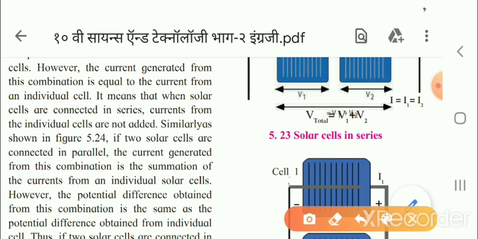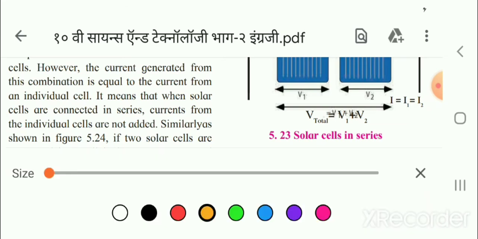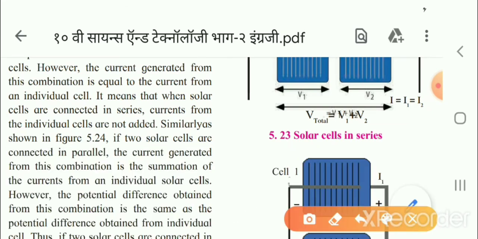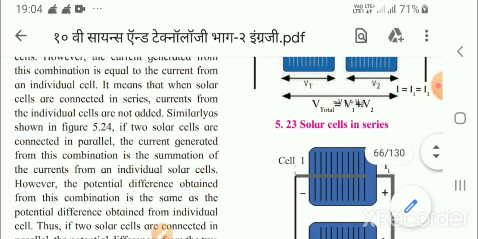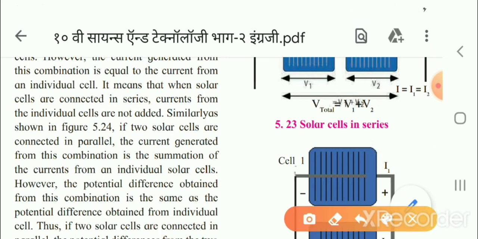Similarly, we can see here in the second figure, children, how the solar cells are connected in parallel position. It is figure 5.24.